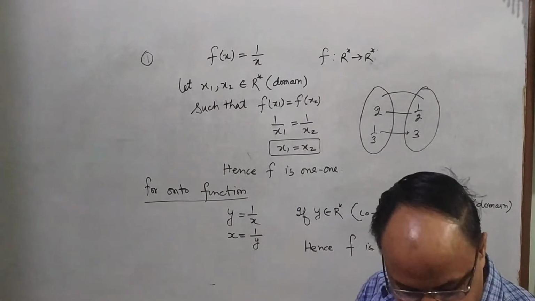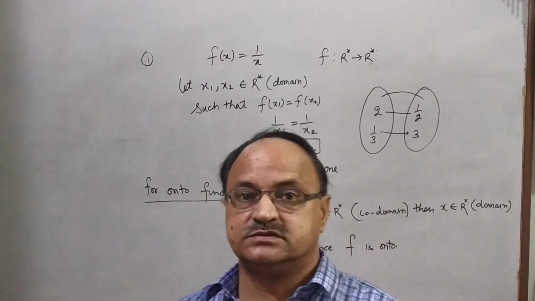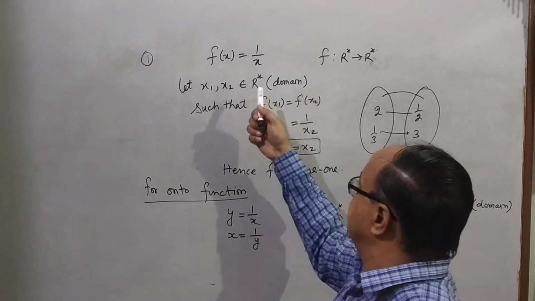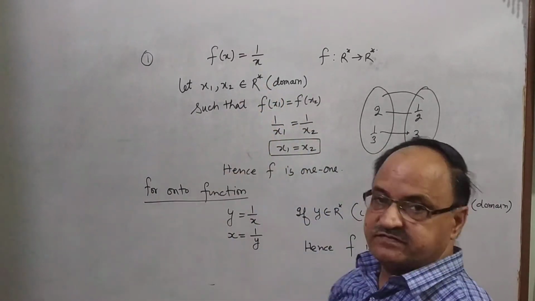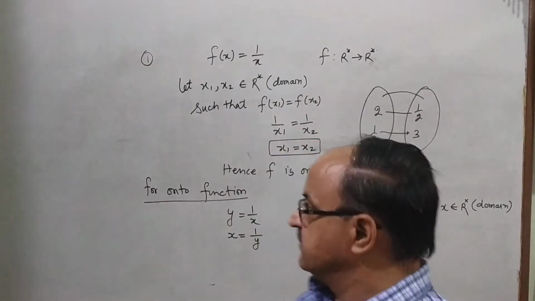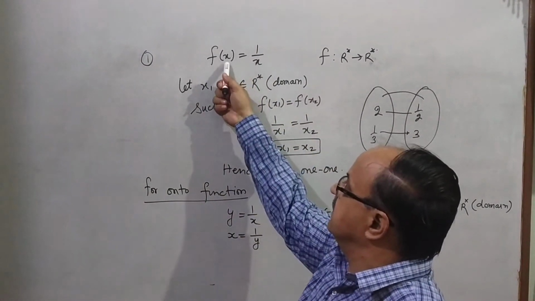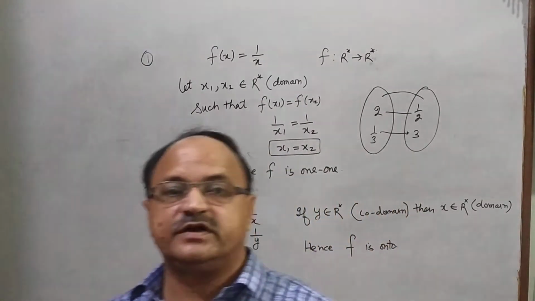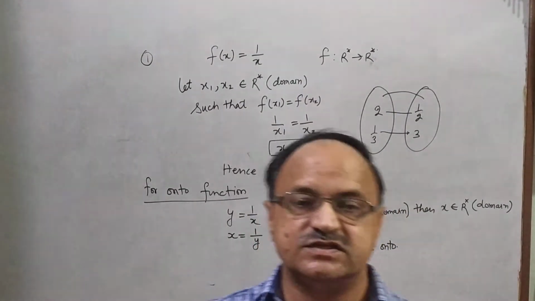Now can you tell me the preimage of 7? The preimage of 7 is 1 by 7, because when you put 1 by 7 here, the result is 7. The preimage of 10 is 1 by 10.